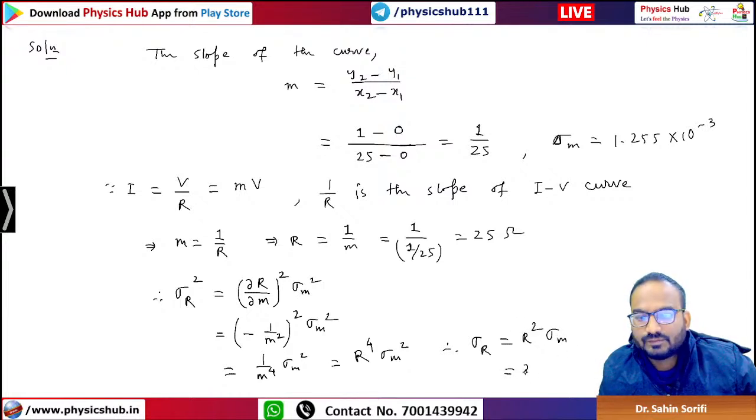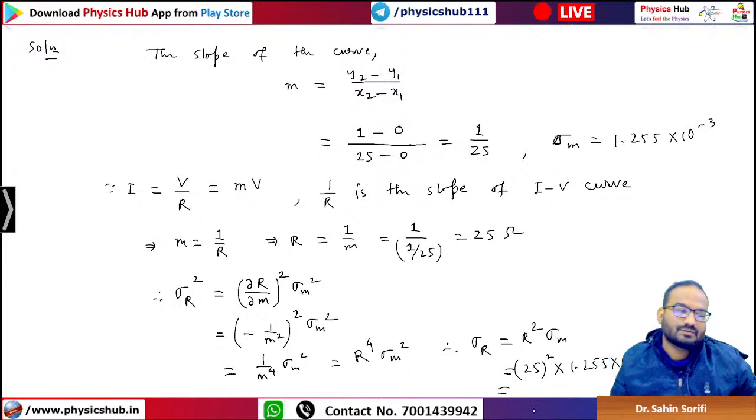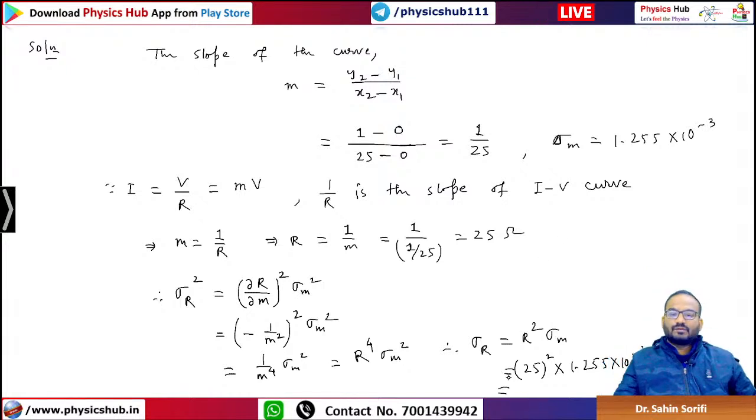R square value we know, 25. Sigma m value is also given, 1.255 10 to the power minus 3. If we calculate this, what value are we getting? Approximately 0.8 ohm.